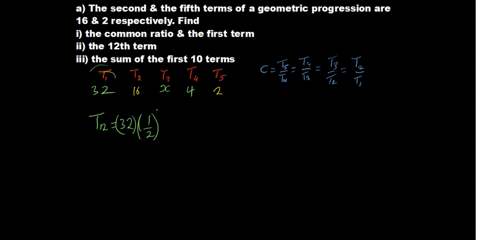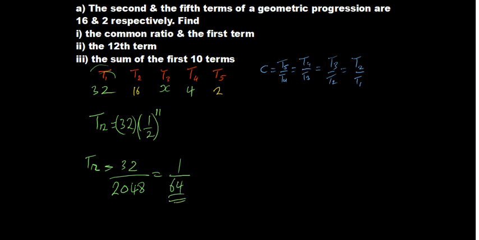In this case our n is 12, so 12 minus 1 is 11. So 1 to the power 11 is 1. So you see 32 divided by 2 to the power 11, which is 2048, and 32 can go into 2048 64 times, so that would be 64. So that would be our 12th term.